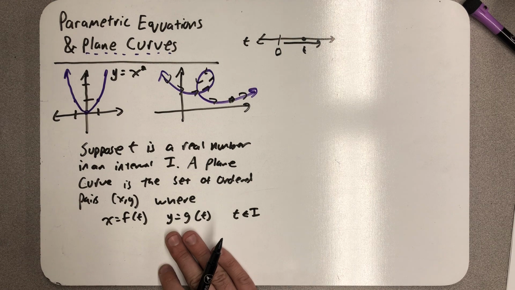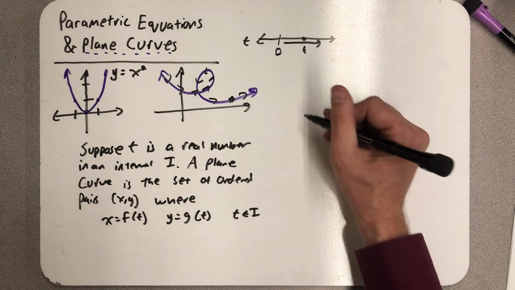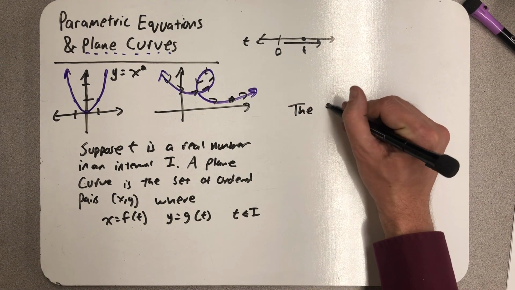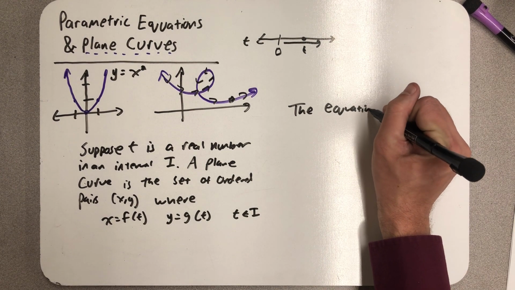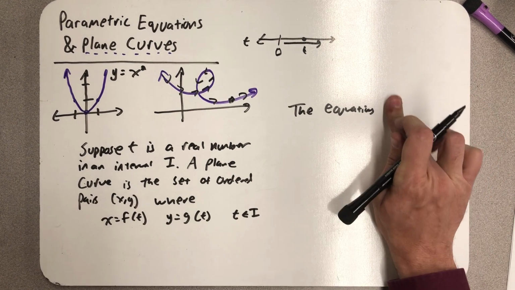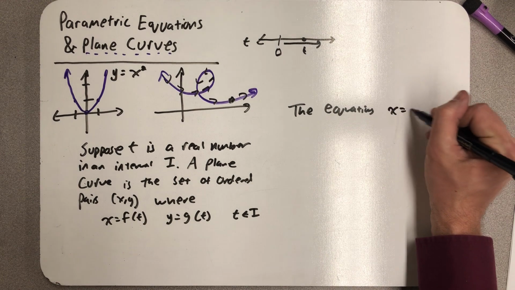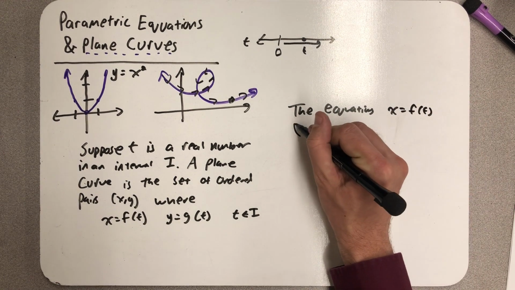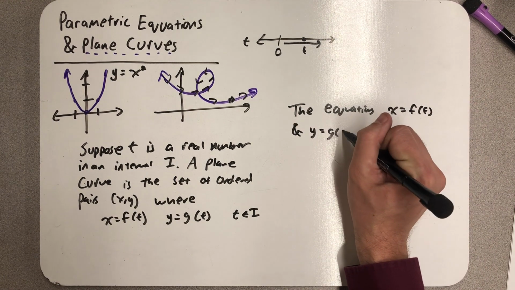These equations are what we refer to as parametric equations. So the equations x equals f of t and y equals g of t are called parametric equations.